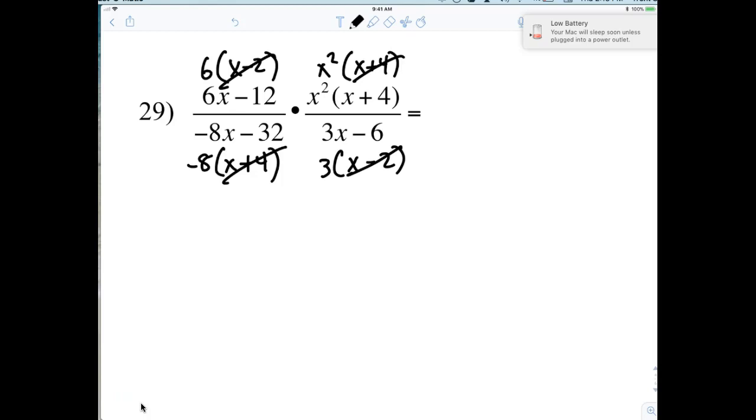Uh-oh. 2x squared over negative 8. That's it. Whoa, I didn't get that. Oh, yeah, I did. Is that right? 6 over 24, right? You see that? Can you just do x squared over negative 4? Yes, you can. It's okay to say x squared over negative 4.